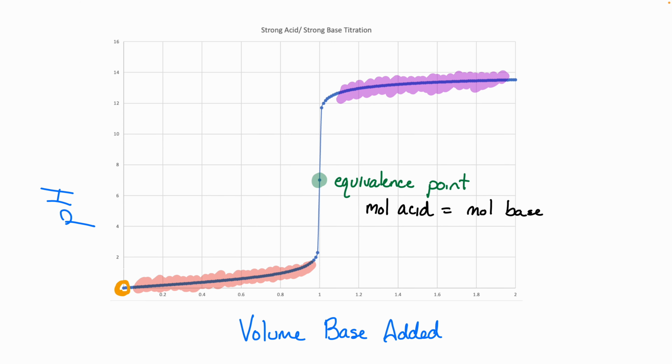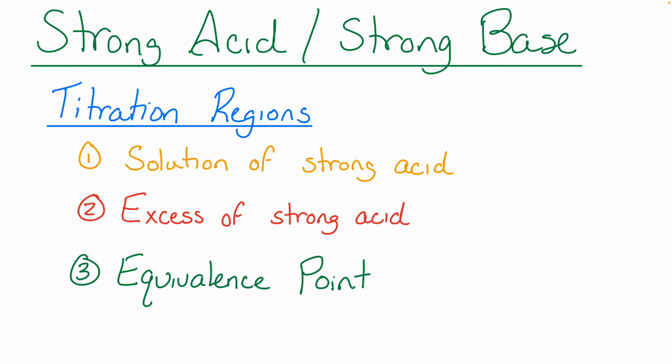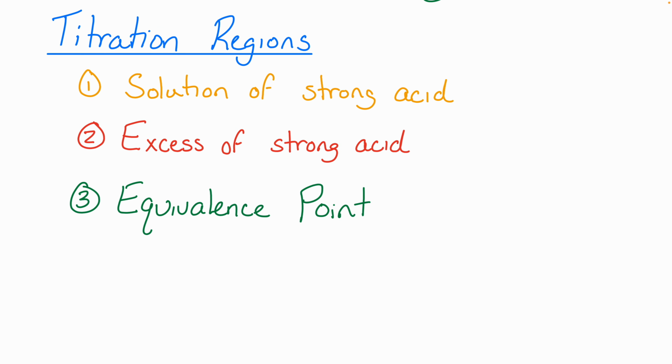If I'm past my equivalence point, I got to the point where there is an equal number of acid and base, and I just kept on adding more and more and more base, what am I going to have more of in my flask now, the acid or the base? The base, right? So at this point, in our titration region 4, now we have an excess of our strong base.